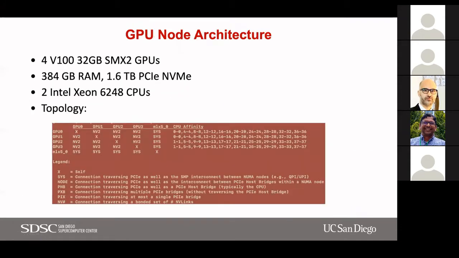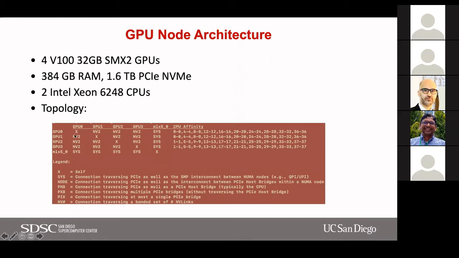So that was the CPU node architecture. On the GPU nodes, we basically have 4 V100s and 384 gigs of RAM, so that's a lot more memory than we used to have. And these nodes actually have Intel Cascade Lake processors, and they have 40 cores per node, I think. And this is the topology of it.